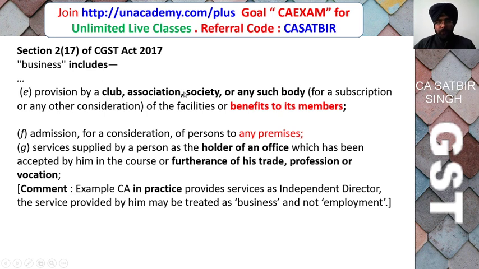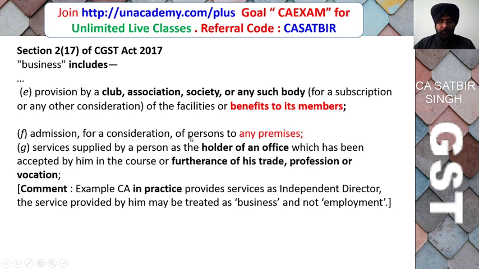Under the Income Tax Act there was the concept of mutuality, that the members and club are one and the same, so the person is supplying to itself and income tax should not be levied. But under GST it has been clarified that the member and club are two separate persons, so they will be termed as doing business if they are supplying some facility to their members.